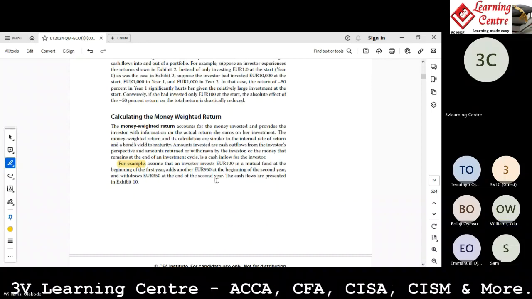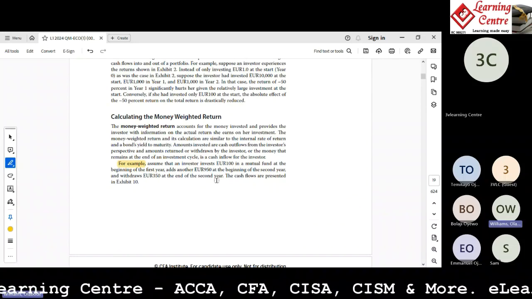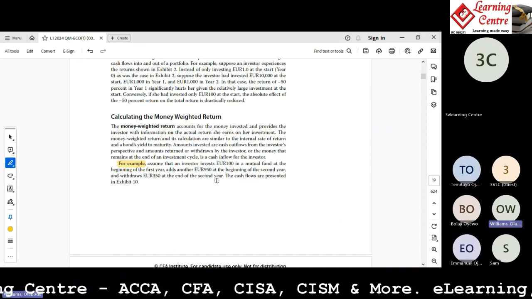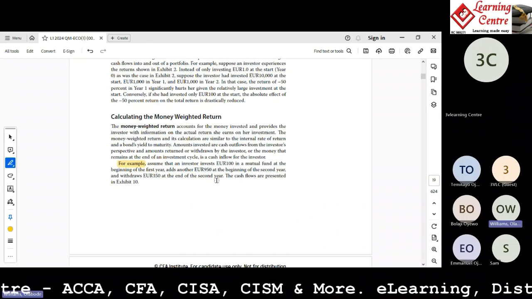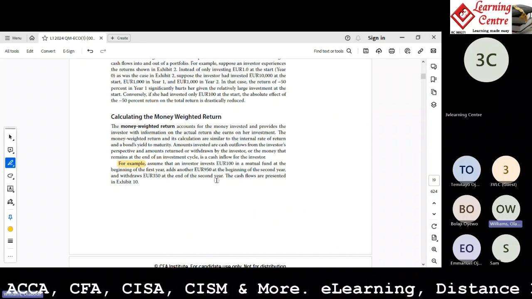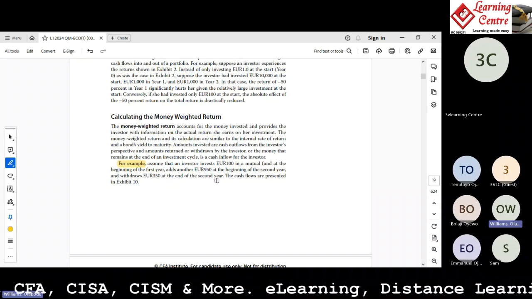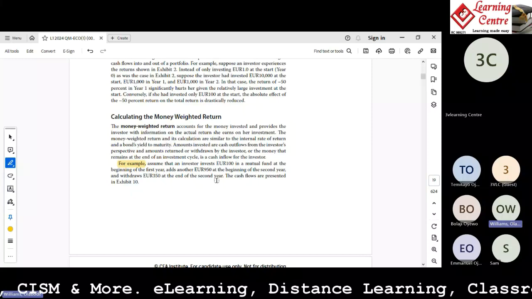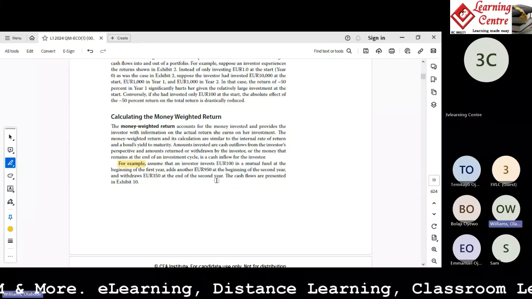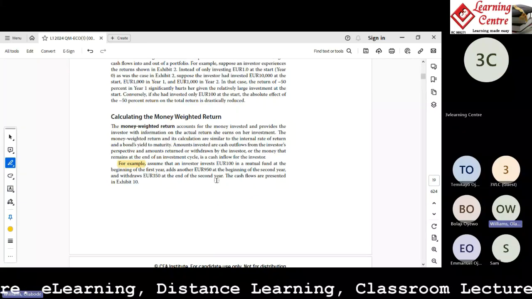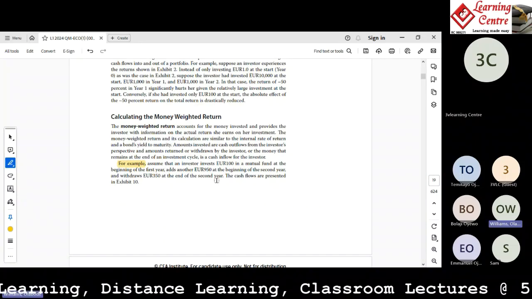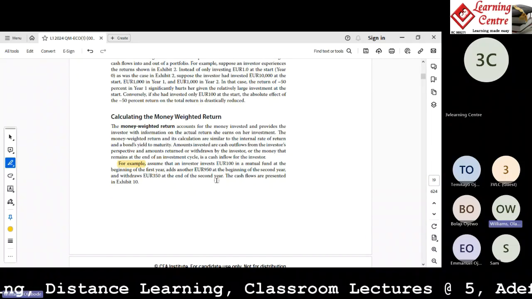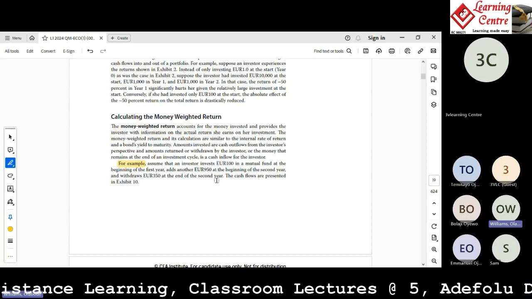I think there is time value of money as part of this curriculum. I think it's the next. When we get to that, I will break this portion down a bit further so that you will see why it's important you set up your cash flow that way. Now, what you need to understand and remember right now is, how do I set up my cash flow? Period 0 is when your initial cash flow happens.